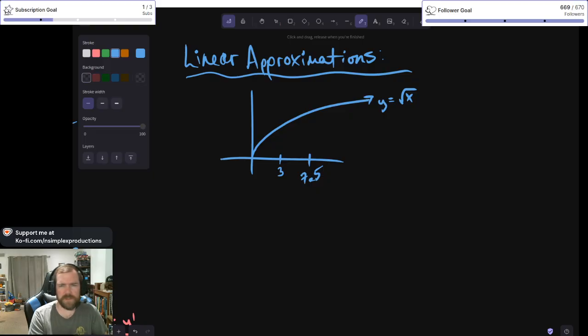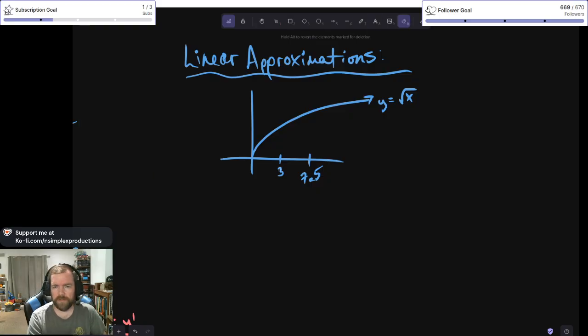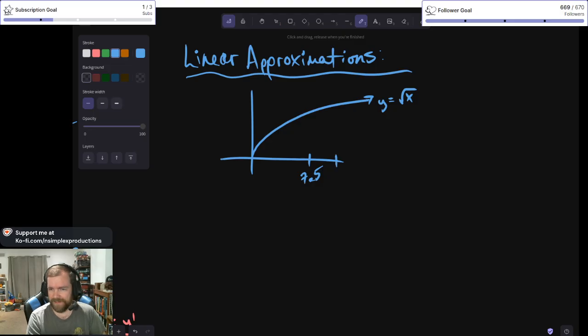Not 3, I'm sorry. 9, which, when we take its square root, comes back with a known simple value, which we know is going to correspond with 3. Square root of 9 is 3. Easy enough. So we get the point (9, 3) on our function y equals square root of x.